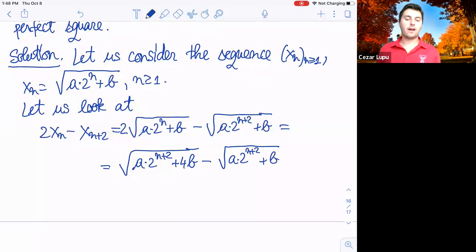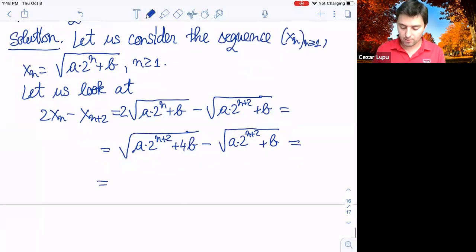And now, since I have the difference of two radicals here, I can apply the conjugate. By applying the conjugate, what do I have on the top?